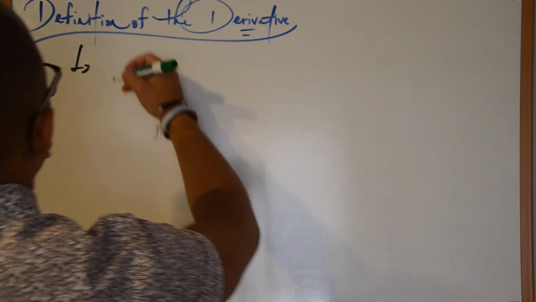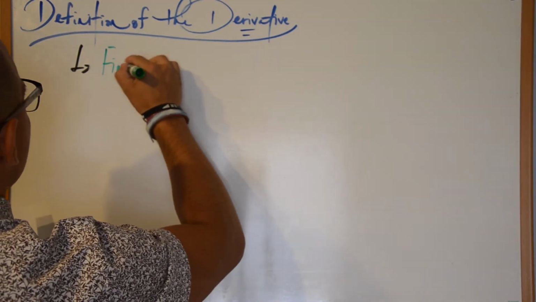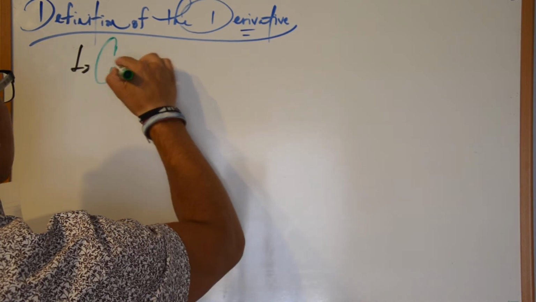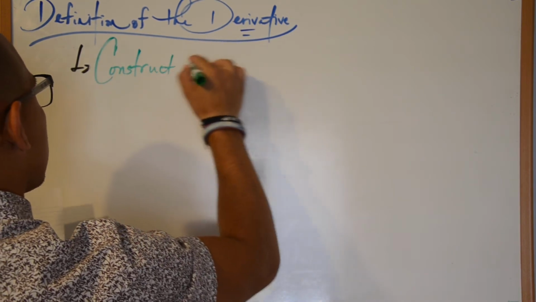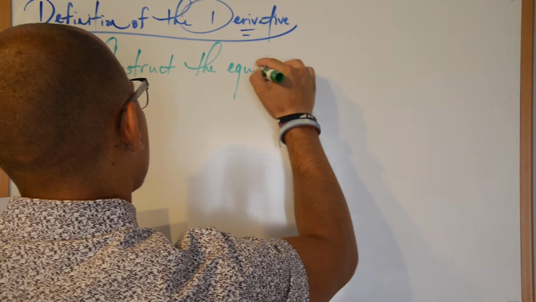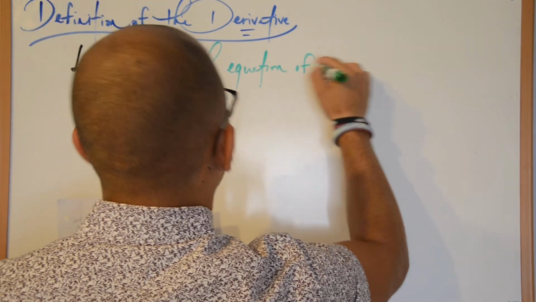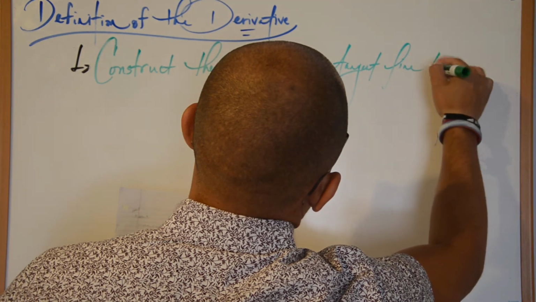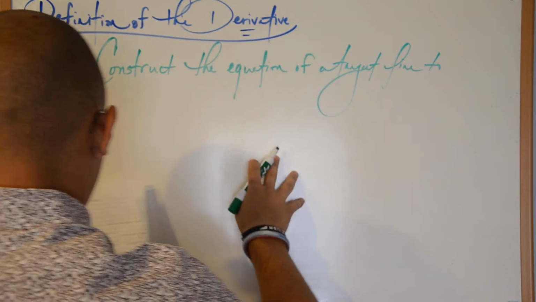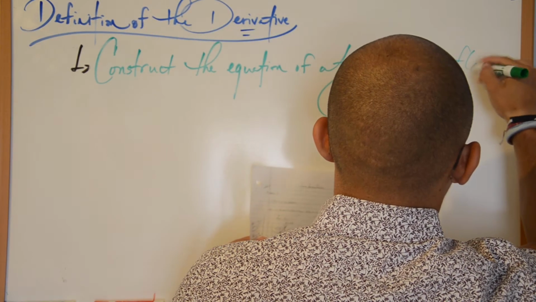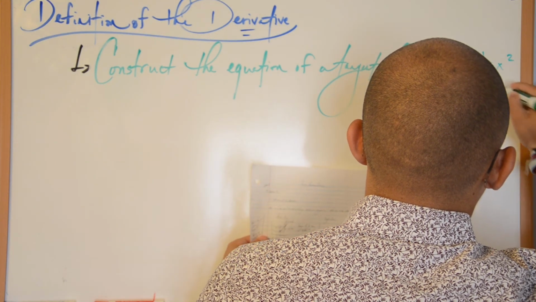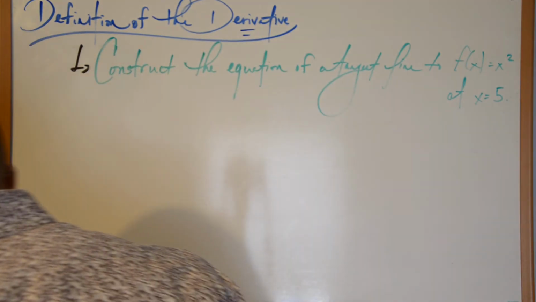So let's say we were tasked with, actually I don't like the word find, construct the equation of a tangent line to, we'll start easy, f of x equals x squared, and x equals 5.